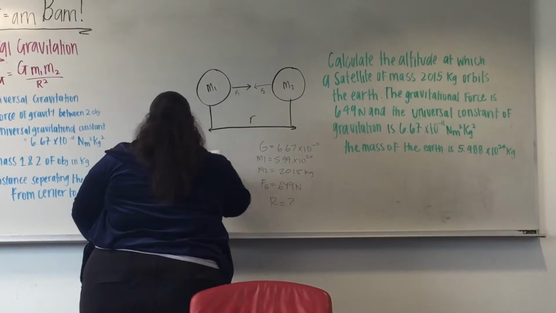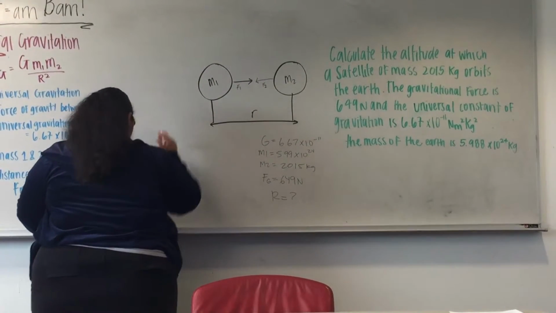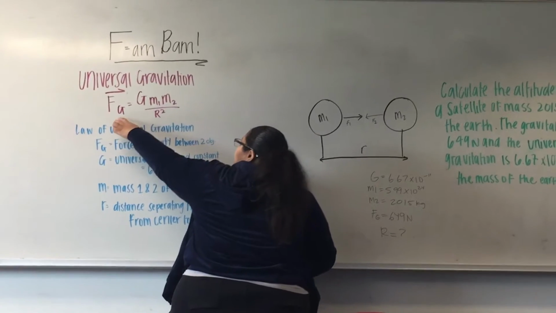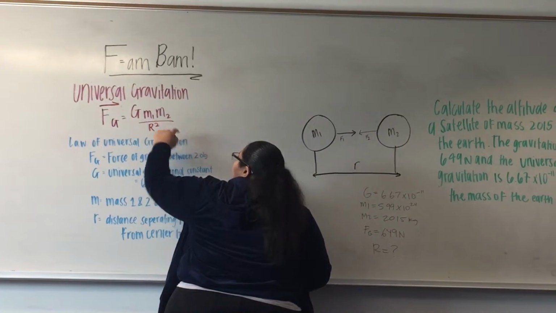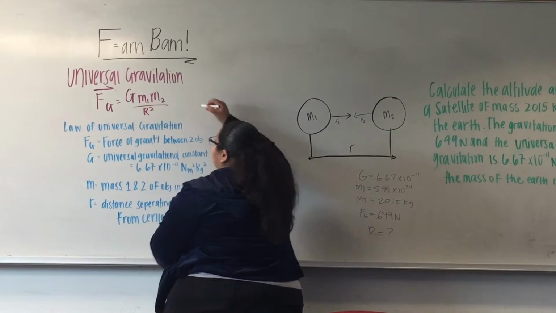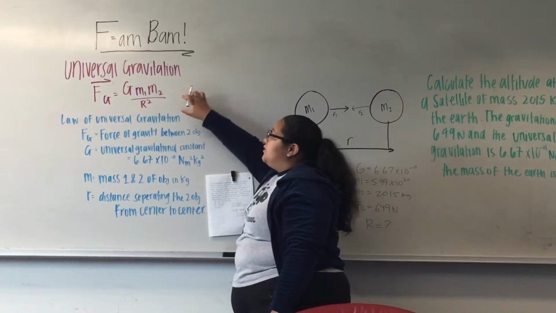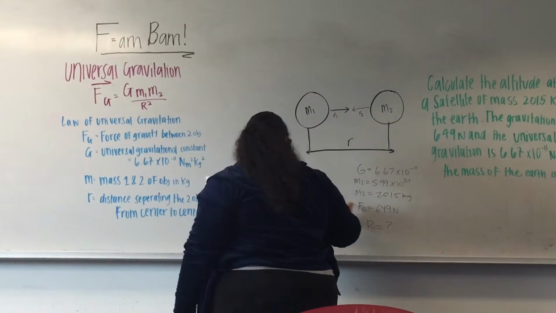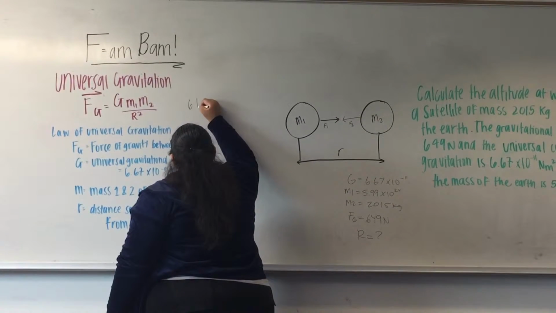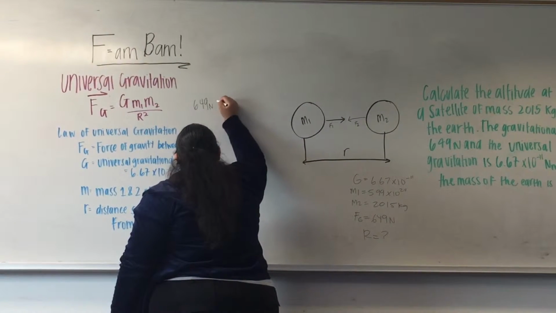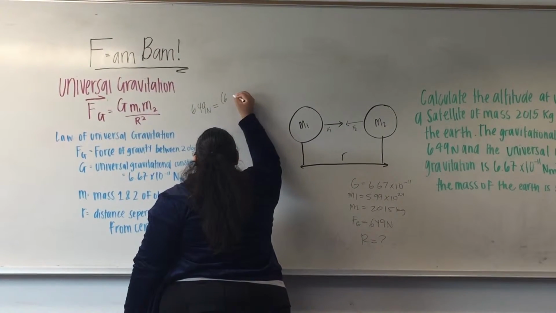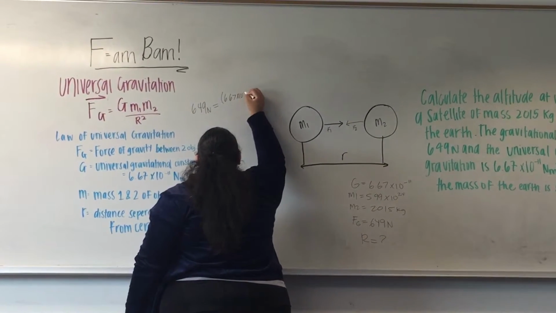Alright, so we'll solve this here. We already know our equation, which is F gravity equals G, M1 M2 over R squared. So in this equation, we'll just plug in what we have and we'll solve. 649 newtons equals our gravitational constant, 6.67 times 10 to the negative 11.